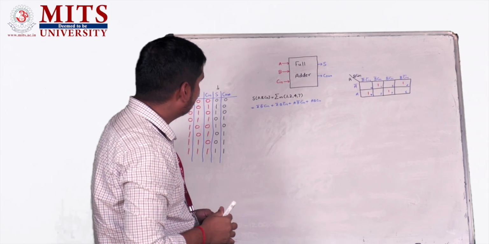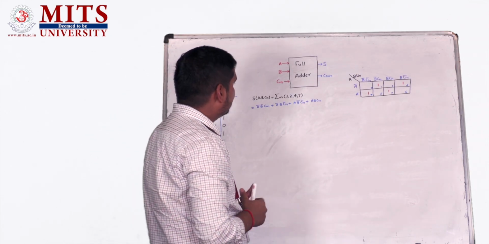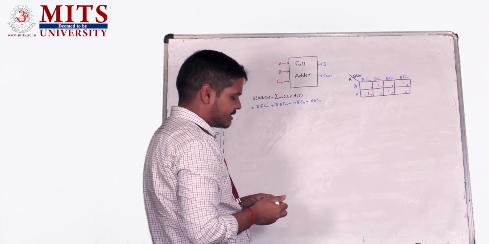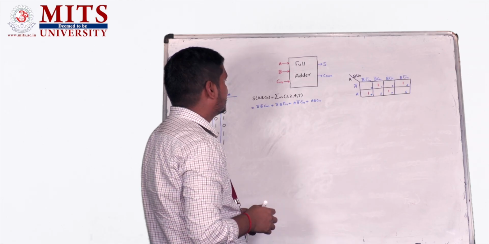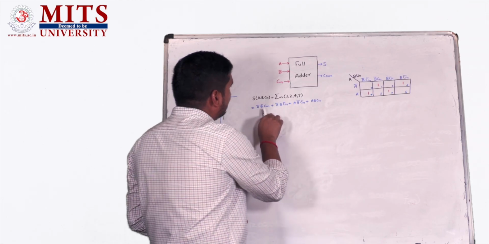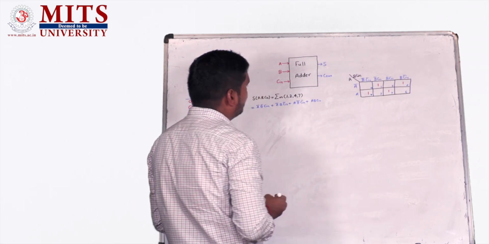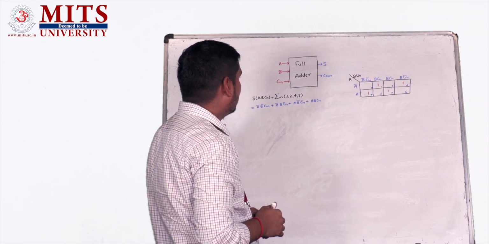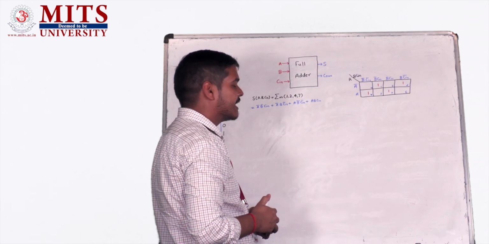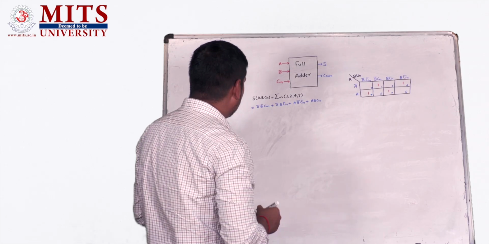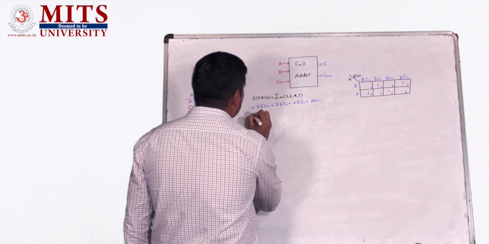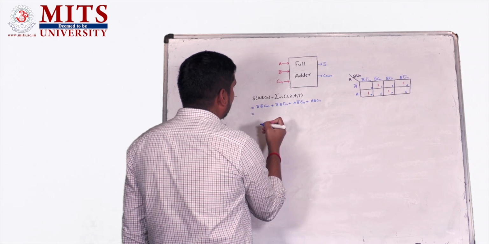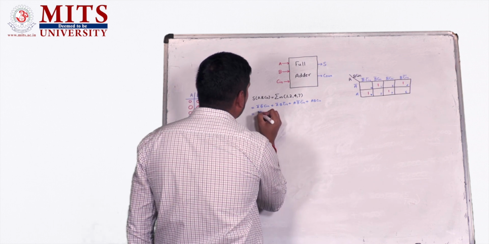So essentially, if we are using this characteristic equation to construct the circuit, we will require a total of 4 3-input AND gates and 1 4-input OR gate. Now let us try to write this expression in some other form.